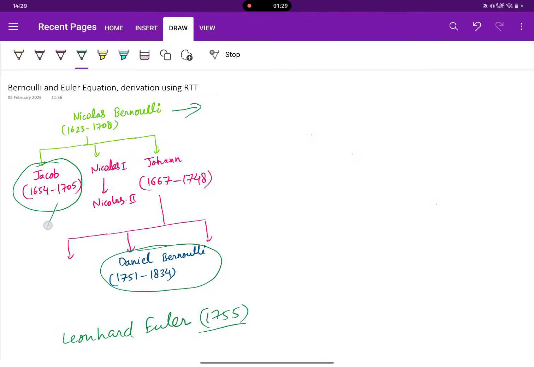So Jacob gave one of the equations that we study in our undergrad. It is not non-dimensional, it is a non-linear first order differential equation.